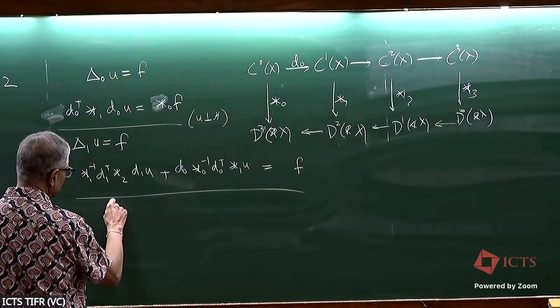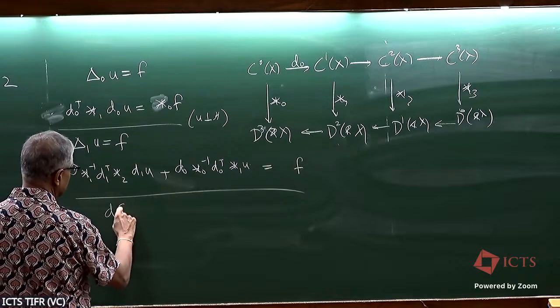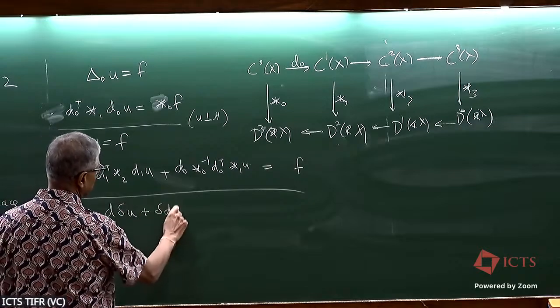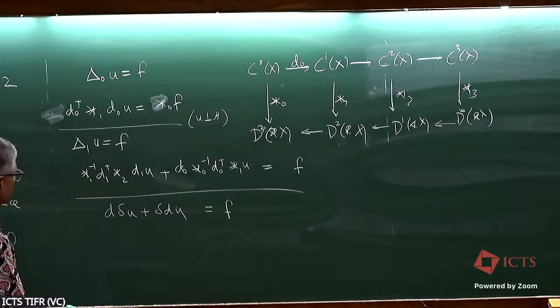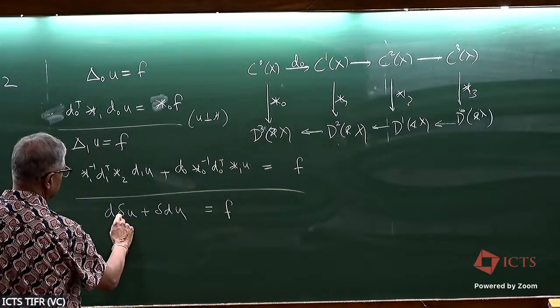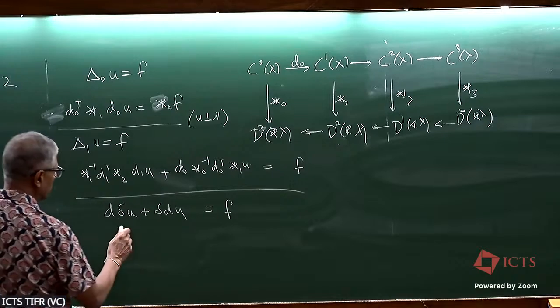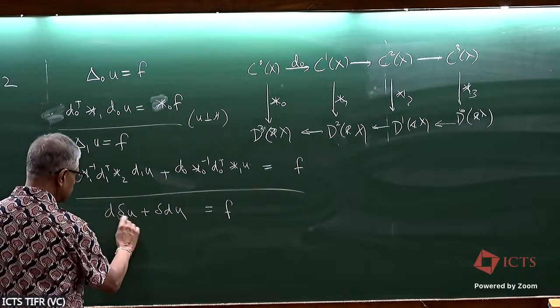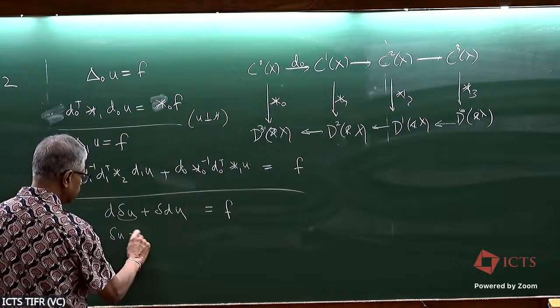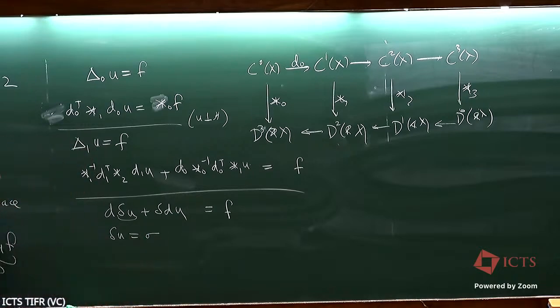So we want to solve d delta U plus delta d U equals F. Because we don't want to do codifferentials, since we are doing weak forms anyway, we can get rid of codifferentials by adjointness. But this one would be hard, so let's define this to be the new variable.